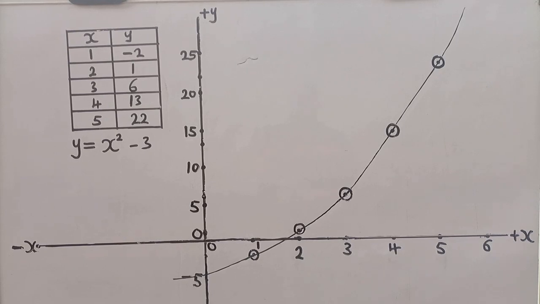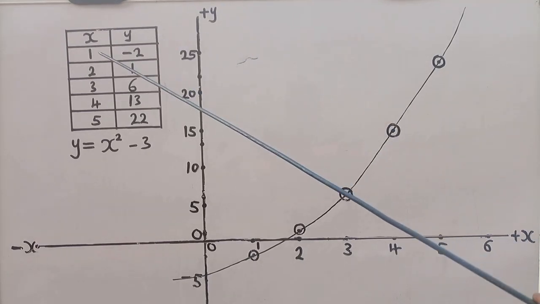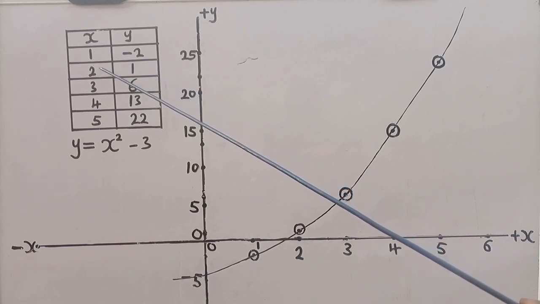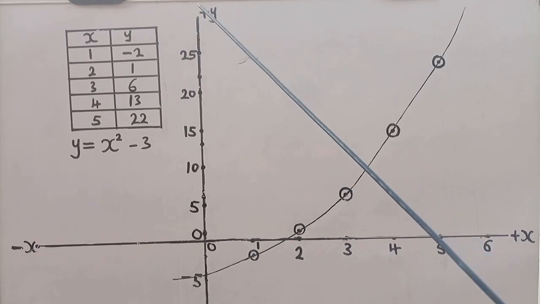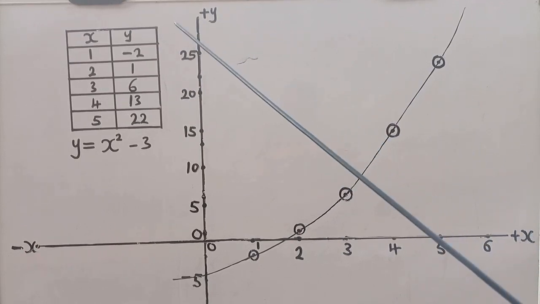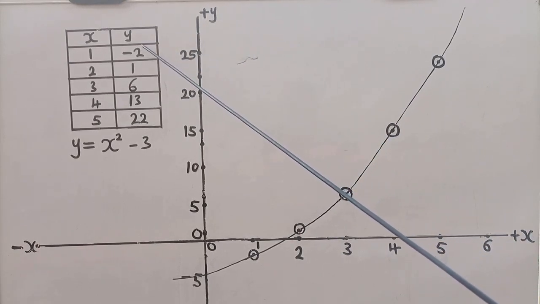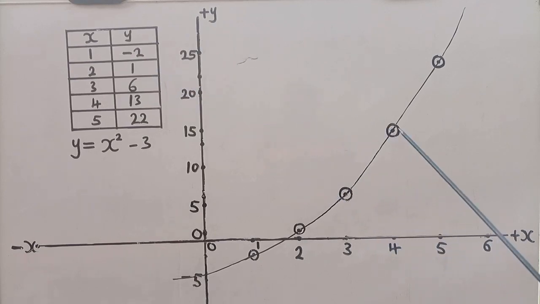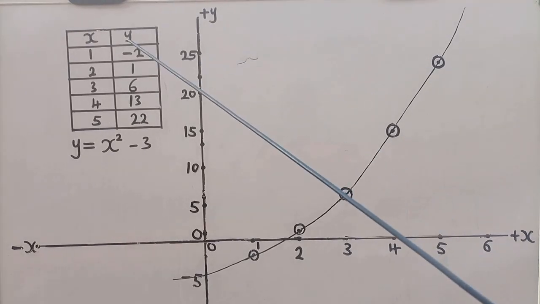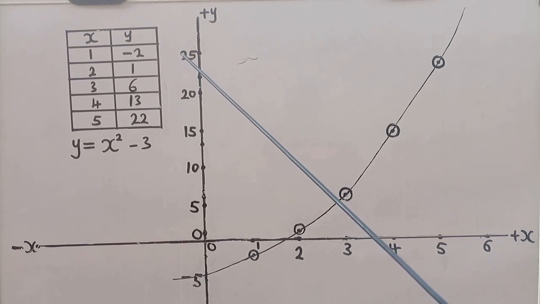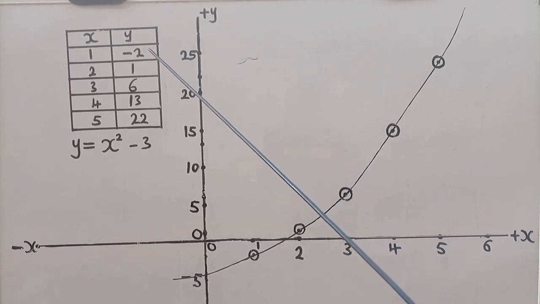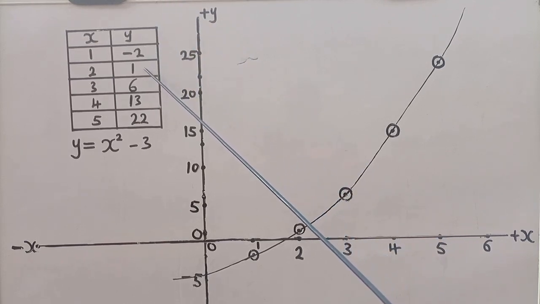But look at this one. Though x is changing regularly from 1 to 2 to 3 to 4 to 5, y is not doing the same. From -2 to 1, what is the increase? From -2 to 1, the increase is 3. That is 3 increased over this -2 to make 1.